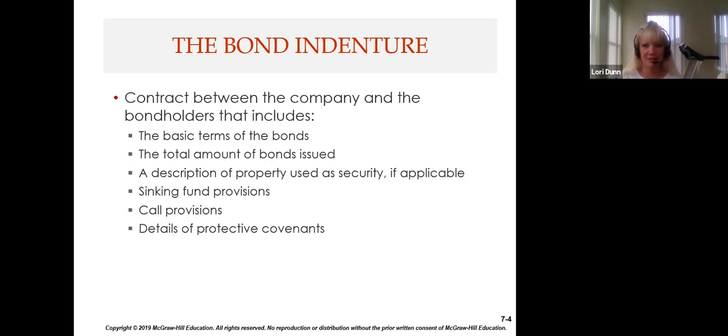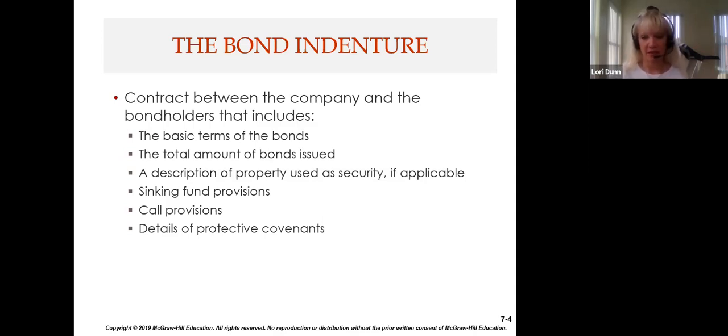So the bond indenture, you can look at it as the loan document or contract between the entity selling the bond and the bondholder, the entity purchasing the bond. Essentially, what's happening there is that the entity purchasing the bond is loaning money to the entity selling the bond.